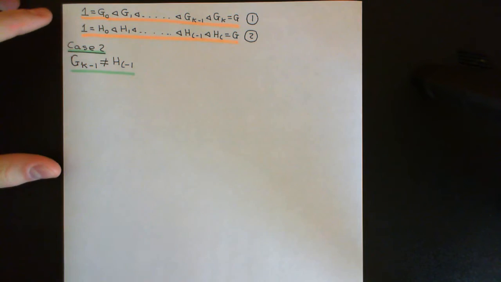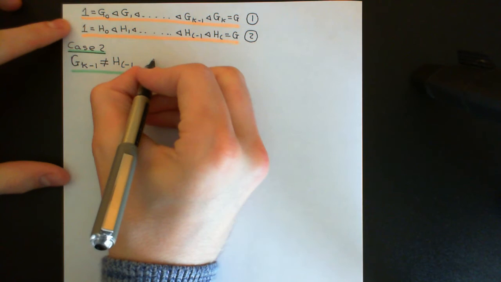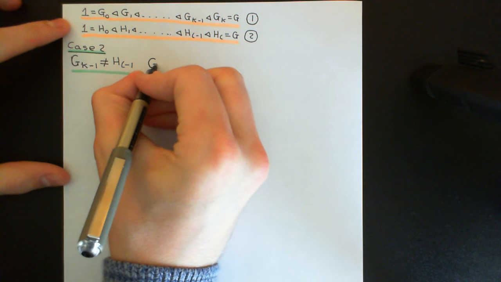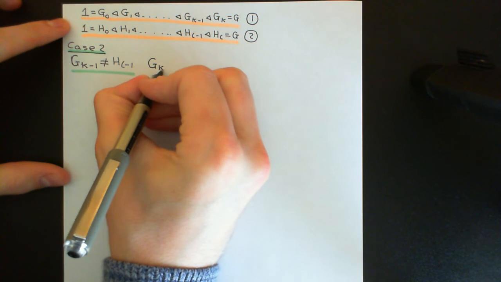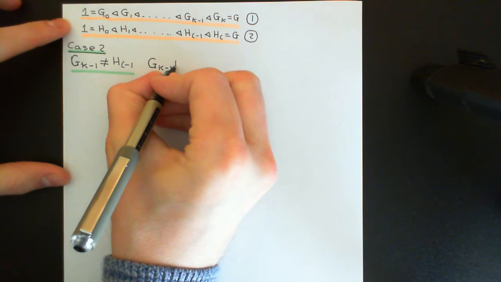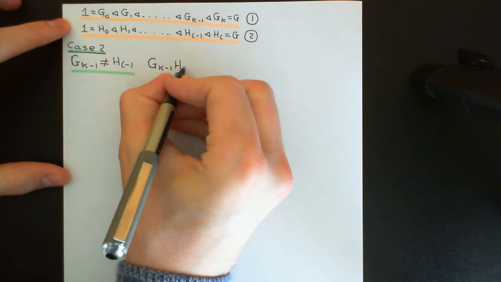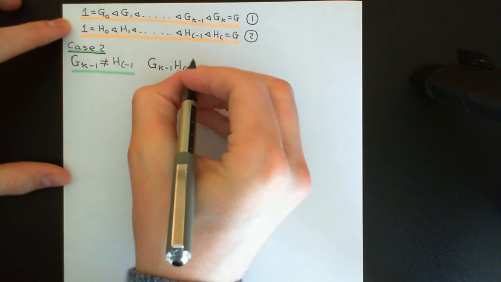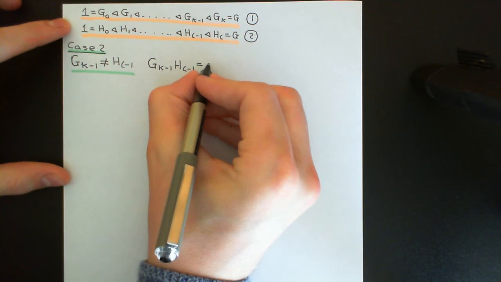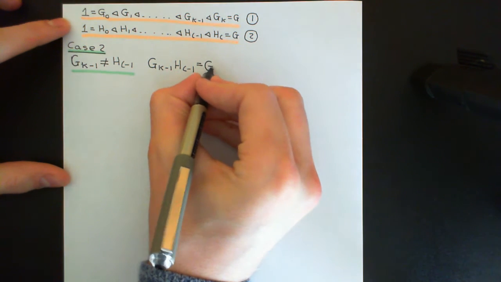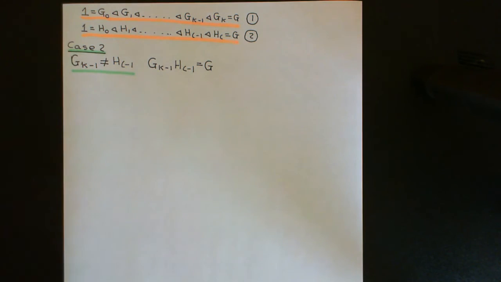The first thing I want to do is consider the product of these two maximal normal subgroups. So I want to take the subgroup product of G_{k-1} and H_{l-1}, and my aim is to show that this is actually equal to the entire group G. How am I going to do that?